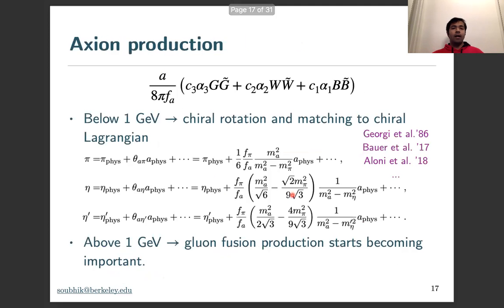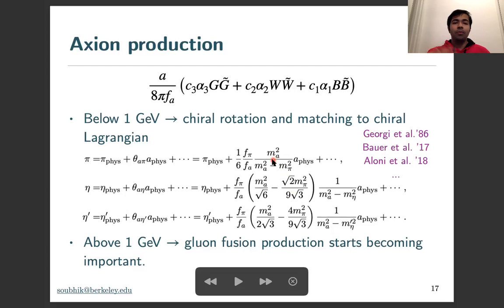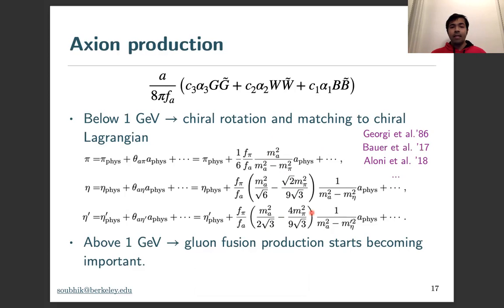Okay, so let me very quickly mention the kind of production mechanisms we think about. Below a GeV, we mostly focus on this pseudoscalar mixing that we talked about. And these mixing parameters can be computed using chiral perturbation theory. Of course, ideally you would like to somehow compute directly the production of a pion-like particle, for example, in these beam dumps.